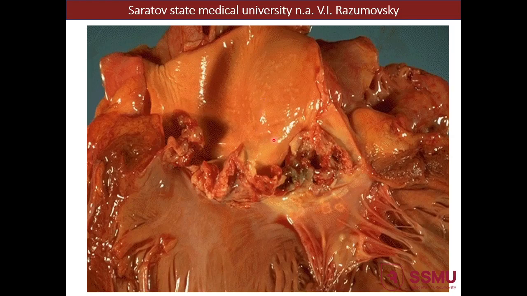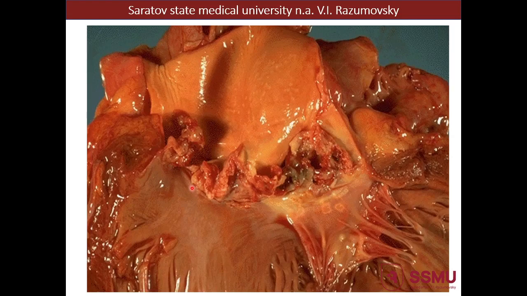On this slide, we may see recurrent verrucous endocarditis. It means that on these valves we have already had a pathological process, and sometimes we may see formation of new pathological formations here, which will be reactivation of a process or start of a pathological process in the already changed valve.